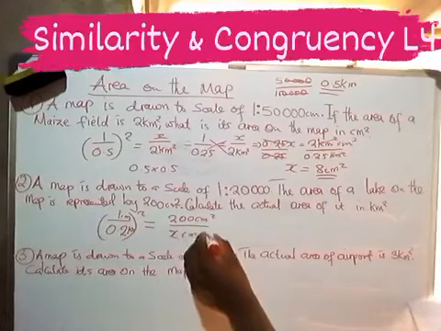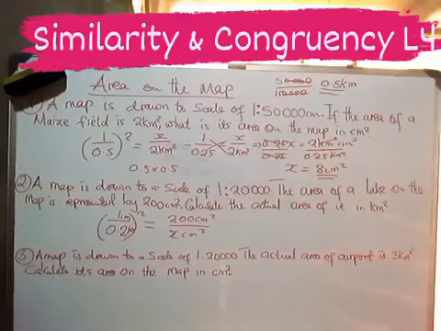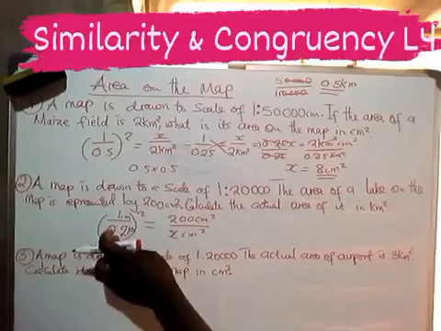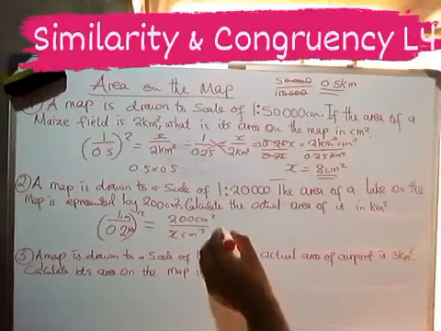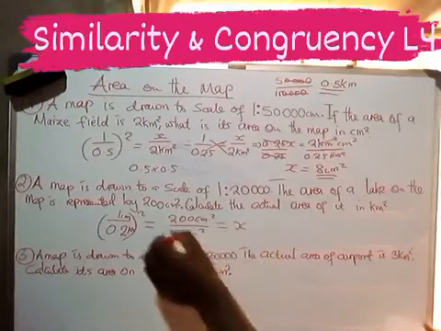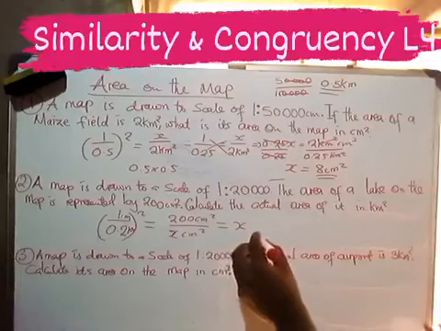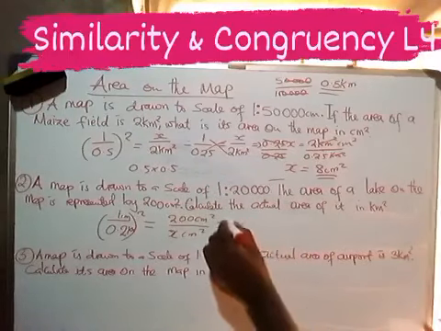So now we'll cross multiply and find the answer. We multiply this times this, and x times 1 is x itself.